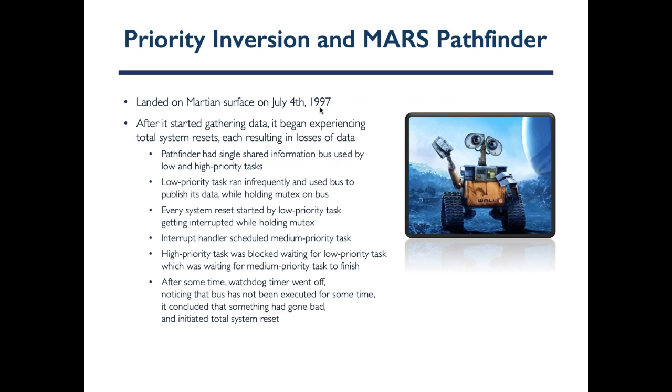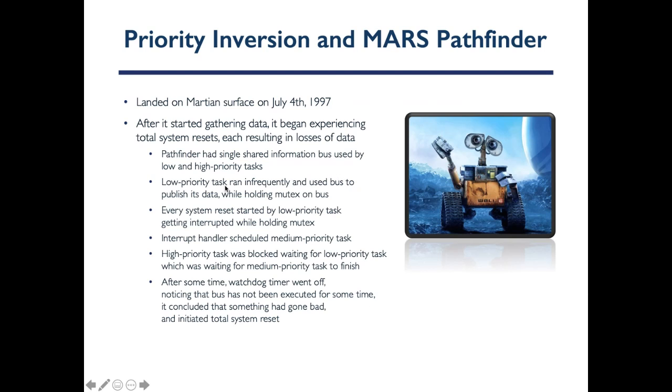Now, this Pathfinder had a single information bus to basically transfer data. And this bus was the shared resource in our case. And it was used by low priority tasks.